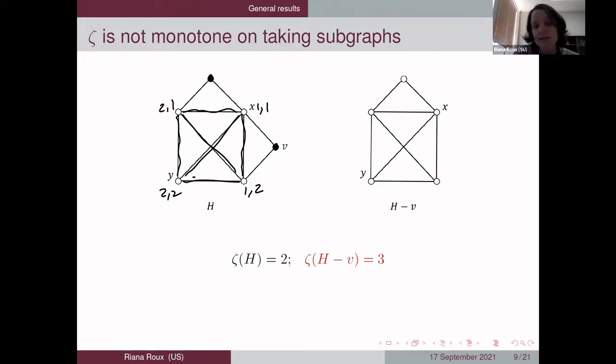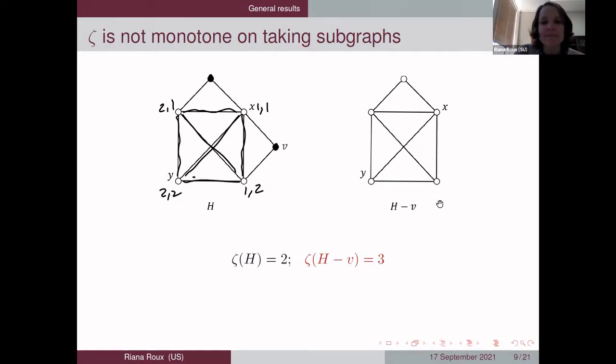So what we're saying is that the parameter is not monotone under taking subgraphs. If we make the graph smaller, it doesn't always mean that the parameter is going to get smaller, because if we take v away and we're left with the house graph on our right-hand side, then 2 vertices can't find the robber. The reason for that is that the robber will always have a place to hide in the clique, and then he can just be anywhere in that graph again.